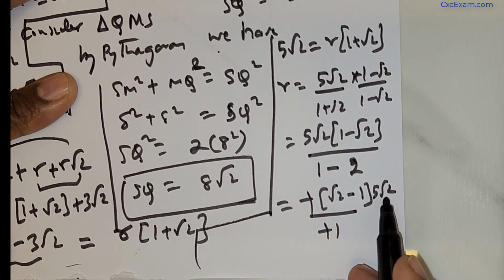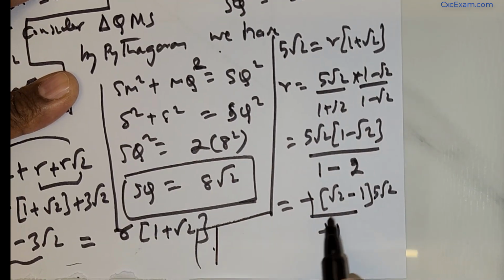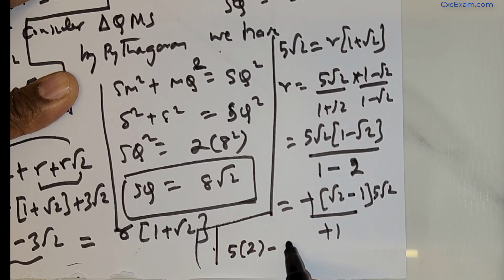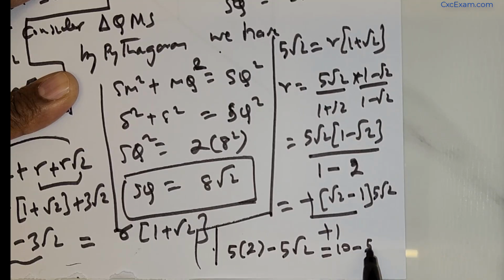So if I distribute this 5 times root 2, I will get 5 times 2 minus 5 times root 2, right? So this is going to be 10 minus 5 times root 2. But I can get the value of root 2.